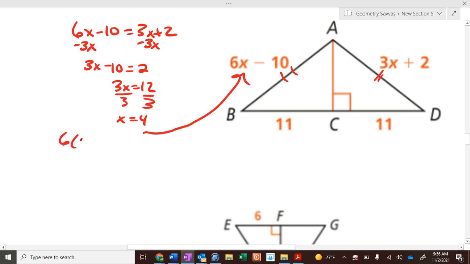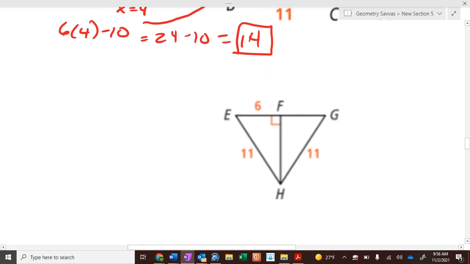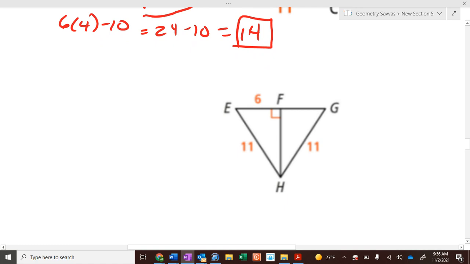So it's 6 times 4 minus 10, or 24 minus 10, which is 14. AB is 14. So then how long's AD, Cambry? 14. Okay, they're both 14. How long do you think FG is, Maddie? 6. Because if these two are congruent, this is a perpendicular bisector, so it hits it right at its midpoint. So if EF is 6, FG is 6.